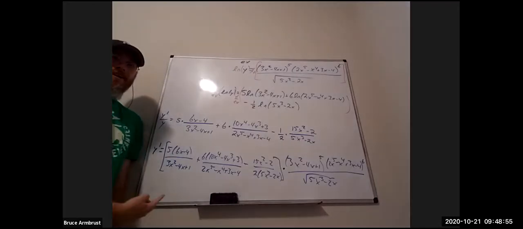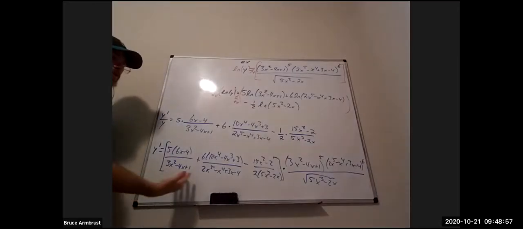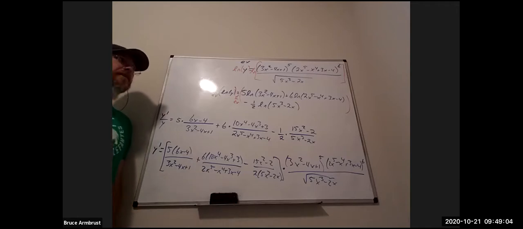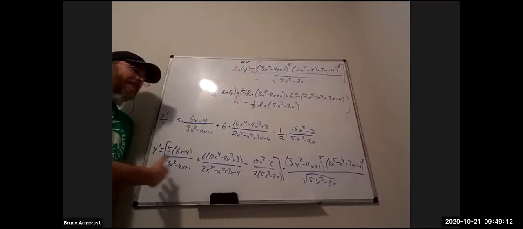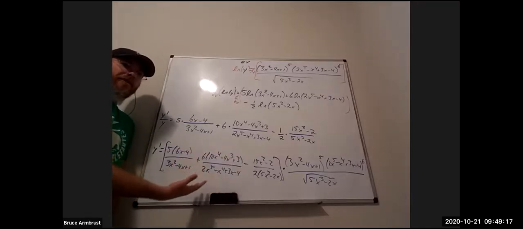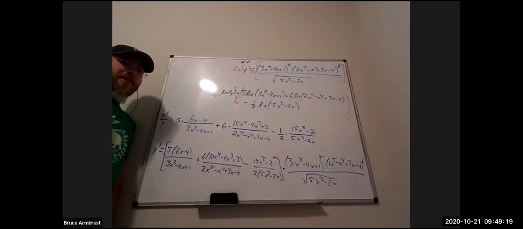All right, so there it is in all of its glory. There is the derivative of what we started. And yes, it is ugly. And yes, it is long. And yes, it is, insert your favorite descriptor of how horrible and nasty this looks.